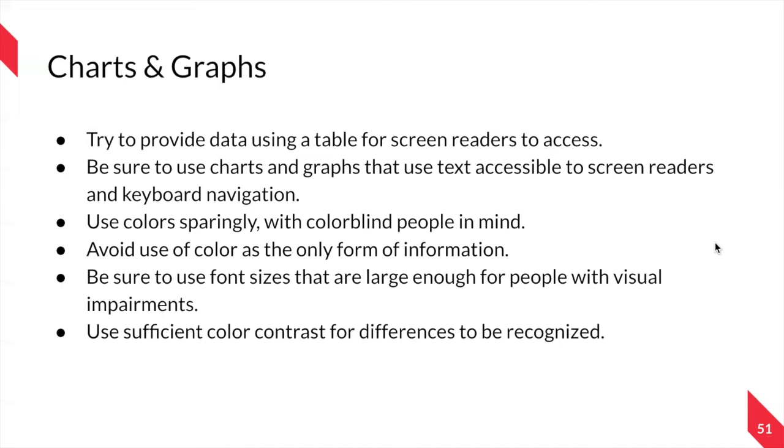Sometimes charts and graphs are just notoriously cumbersome or difficult for screen readers to really understand context of the numbers and labels that they're reading. Make sure that if you do have charts and graphs, that their text is accessible to screen readers and also keyboard navigation as necessary, because sometimes charts and graphs might be just an image.